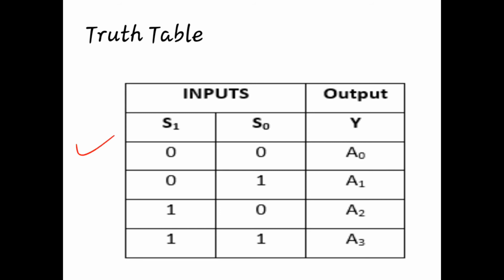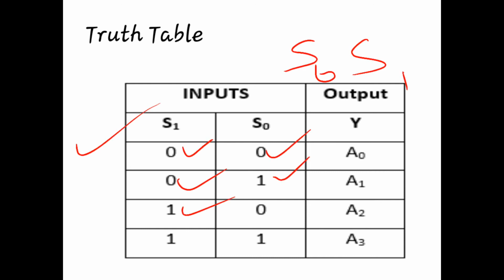Now what is the truth table? So we are having 2 select lines, S0 and S1. So these S0 and S1 mean there will be 4 combinations. Those 4 combinations of the selection lines will be 0 0, 0 1, 1 0 and 1 1.